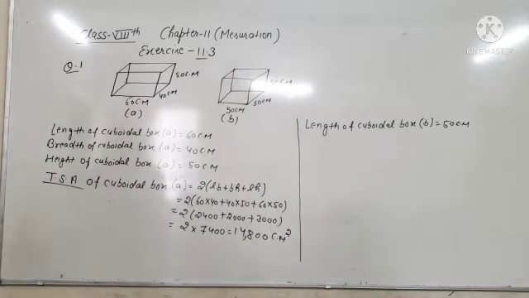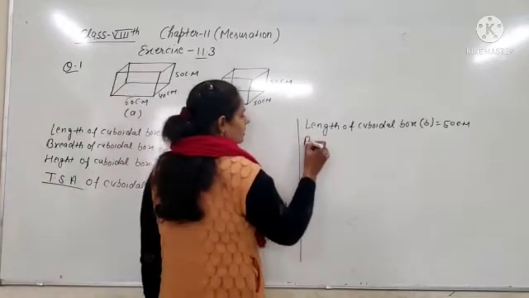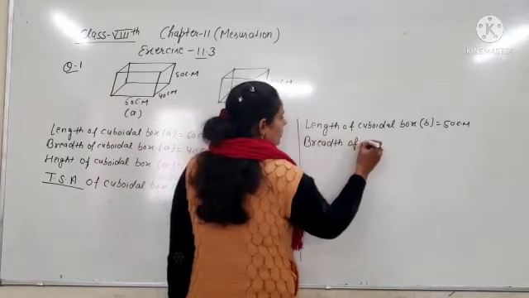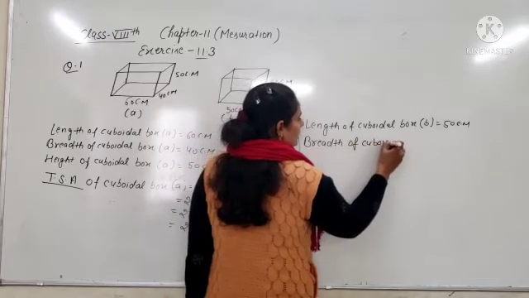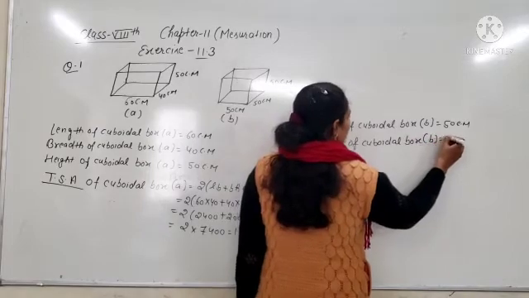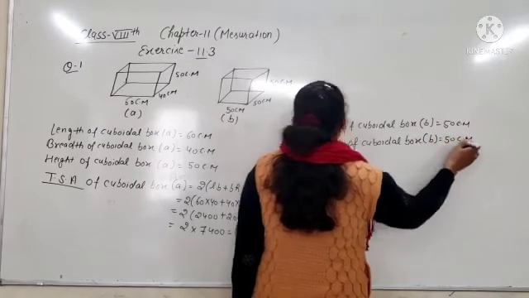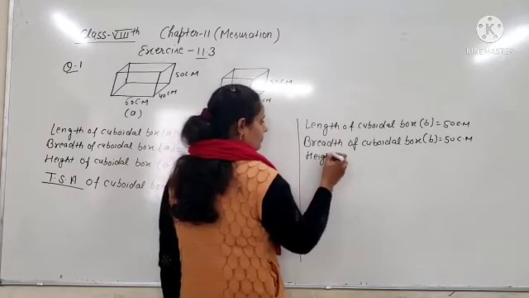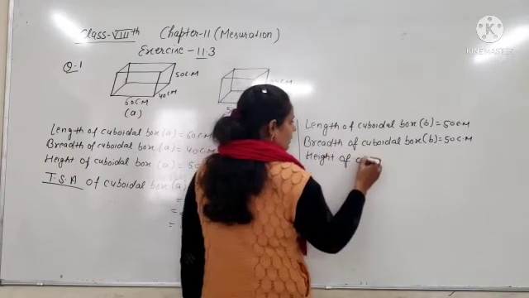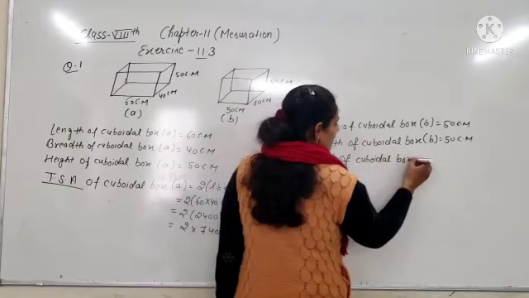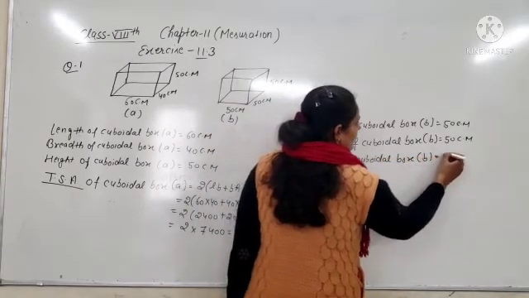Next, the breadth of cuboidal box B is also 50 centimeter, and the height of cuboidal box B is also 50 centimeter.